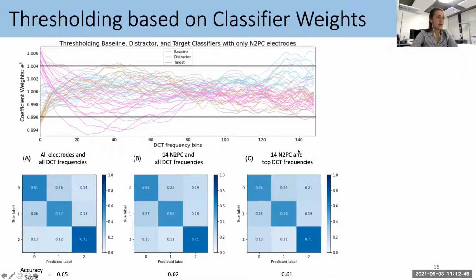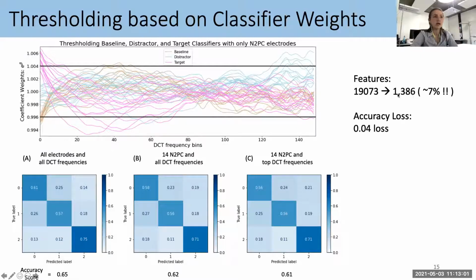As a result of reclassifying using only the N2PC electrodes and only the top DCT frequencies that emerged from the thresholding, we were able to decrease the feature vector from about 20,000 to about 1,400, which is 7.3%, I believe, of the original feature space for an accuracy loss of only 0.04, which I believe is quite successful.